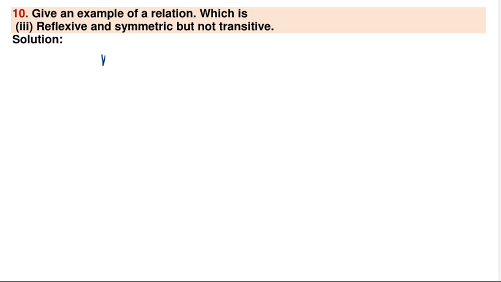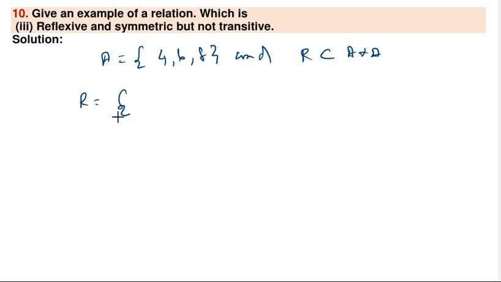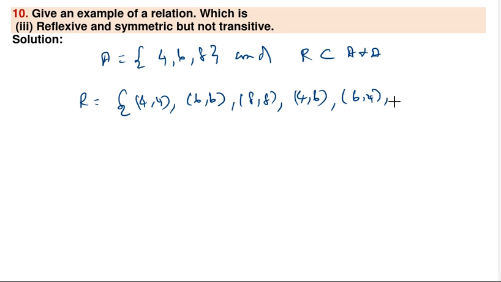We can take the set A with three elements 4, 6, 8, and the relation R is a subset of A cross A, with the example R in tabular form: (4,4), (6,6), it should be reflexive, (8,8) and (4,6) and (6,4) and (6,8) and (8,6). Okay, with the help of this example we can conclude one by one.